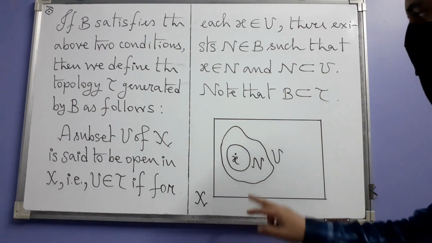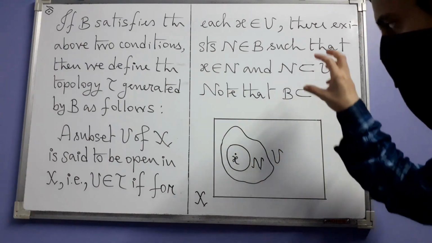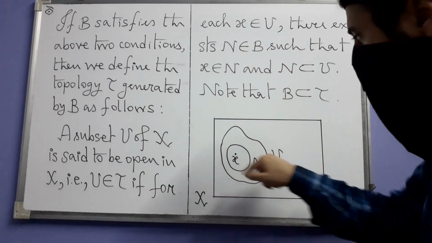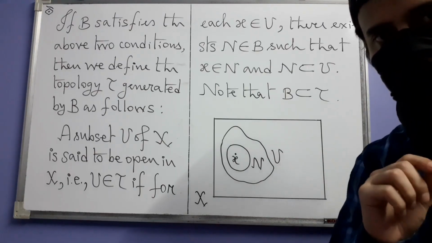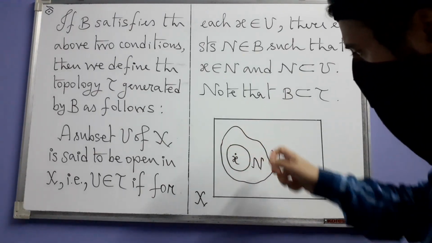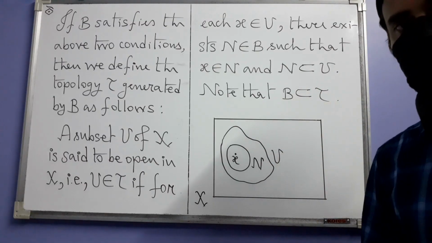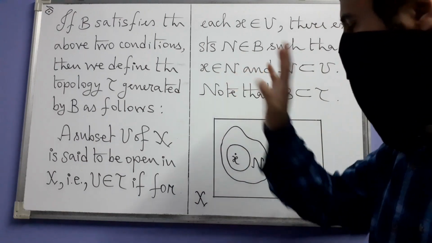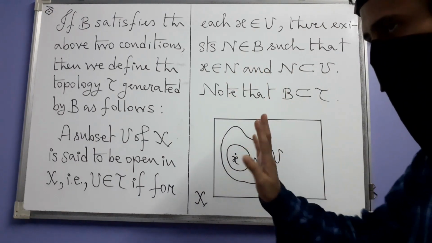The condition is that no matter what point x of U you choose, there should be some basis element in your basis which contains that element x inside of it and should itself be entirely contained within U. If even one x in U fails to satisfy this condition, then U will not be open.